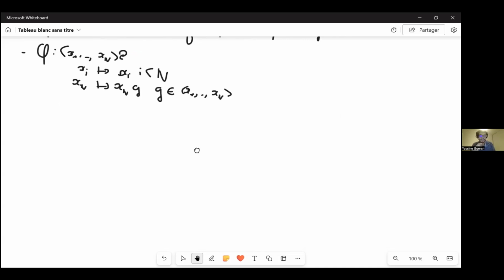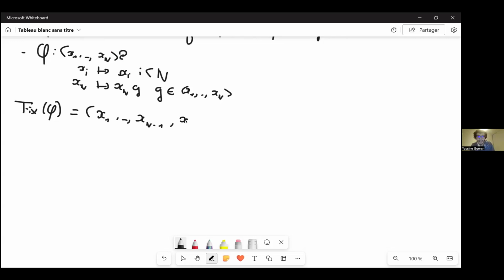So what is the fixed subgroup of this automorphism? It is generated by all the xi's whose index is at most n minus 1, but it also contains x1 g xn g xn minus 1. A simple computation tells you that it fixes this element. And in fact, the fixed subgroup of phi is generated by these elements.